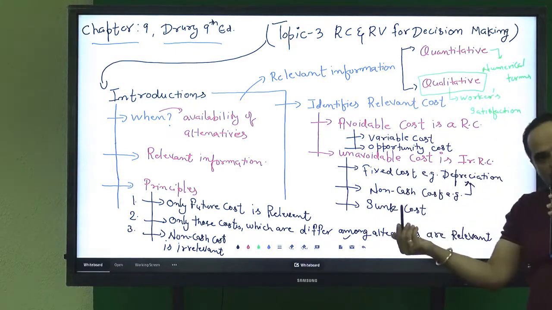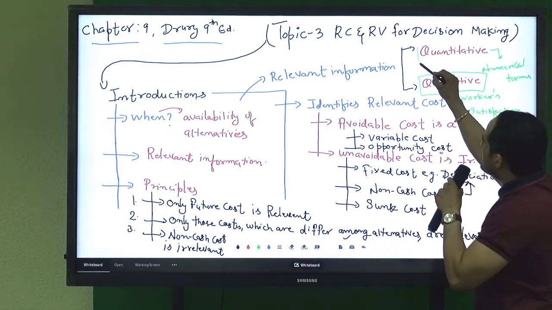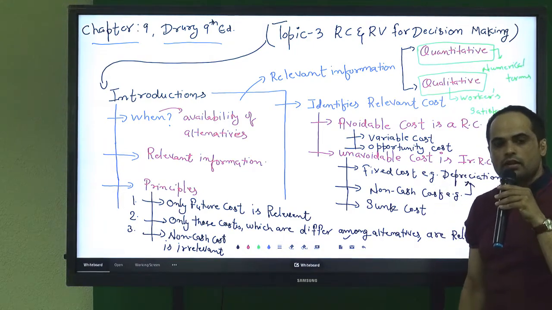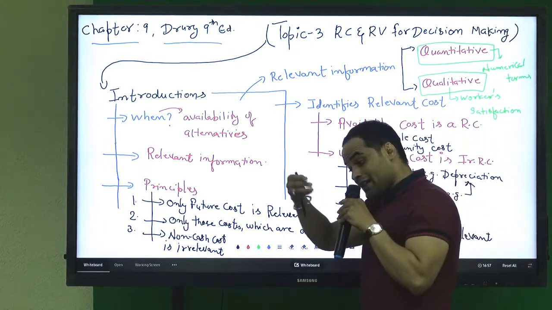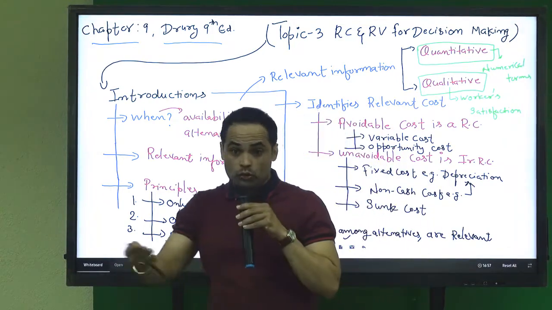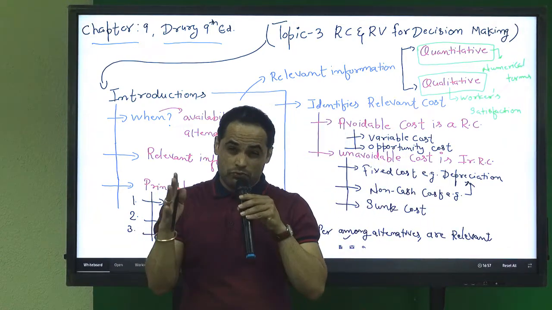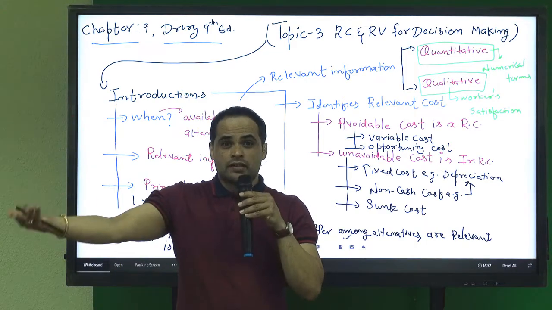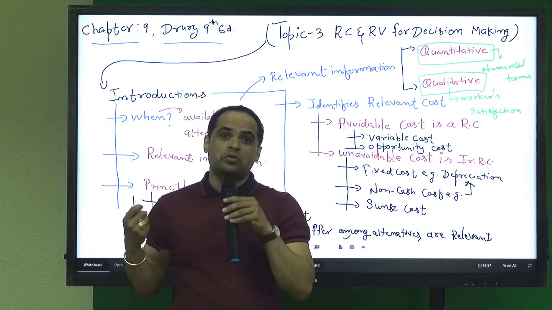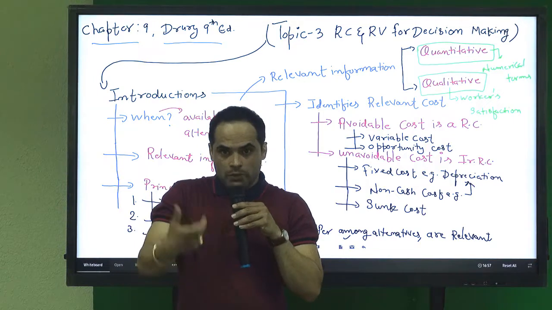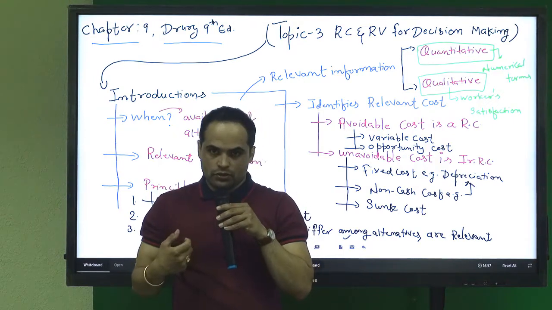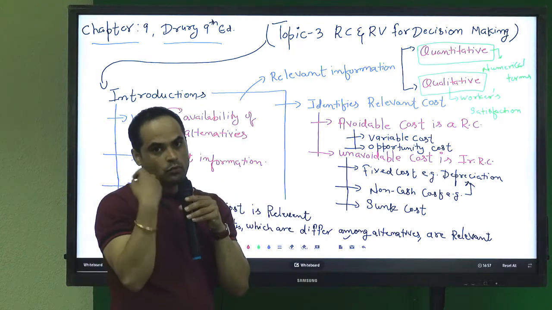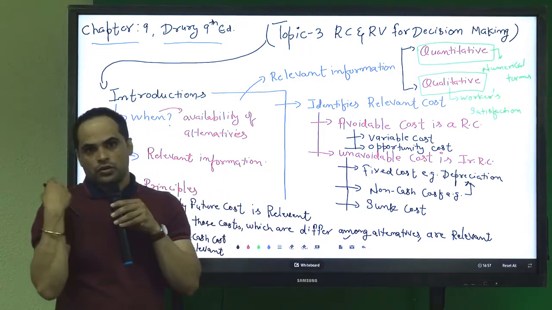Because calculations will give you quantitative information. All right. So by looking at that quantitative information, we will be able to make a decision. But not 100% on quantitative, we need some other theoretical arguments, which we cannot make by looking at the numbers. All right. So that theoretical argument, that discussion base, is a small part of your question.